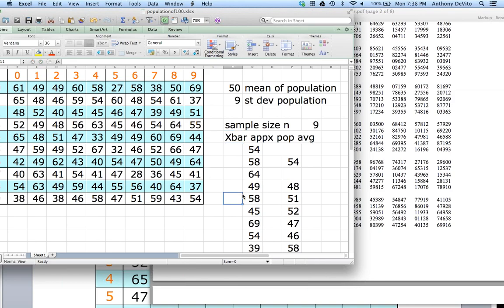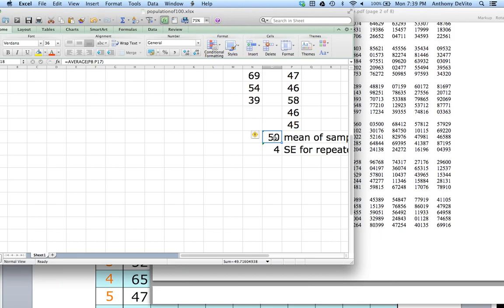And did it? It actually did that, didn't it? It approximated the population average, right?